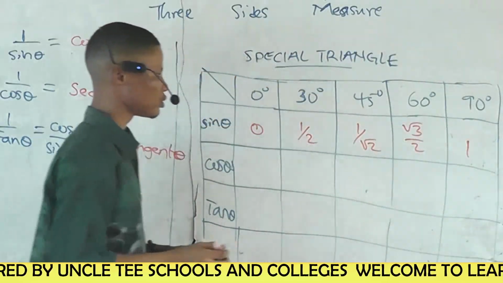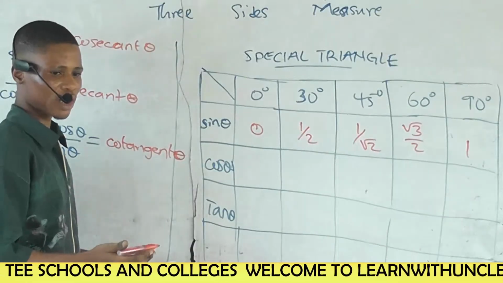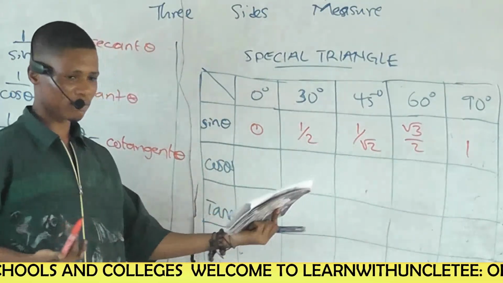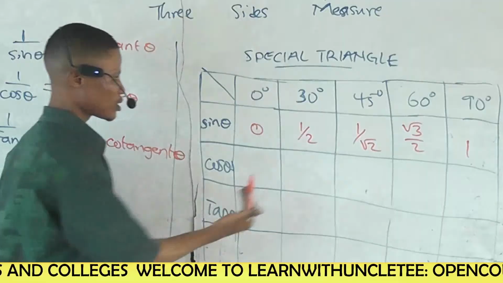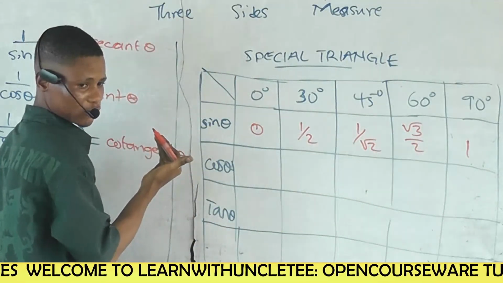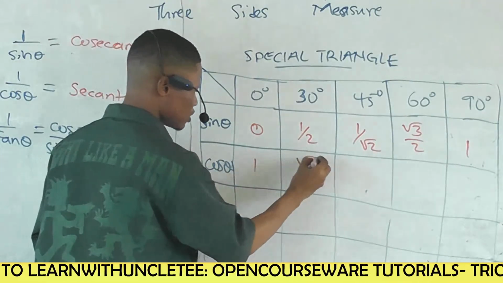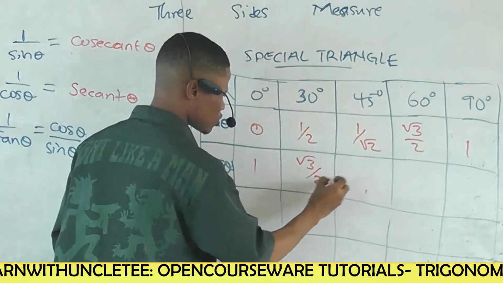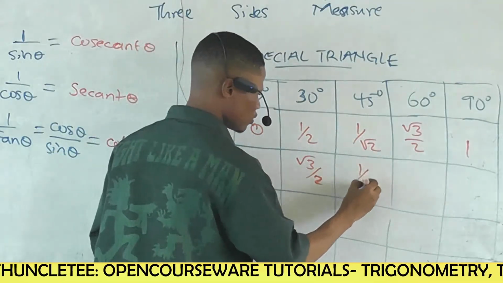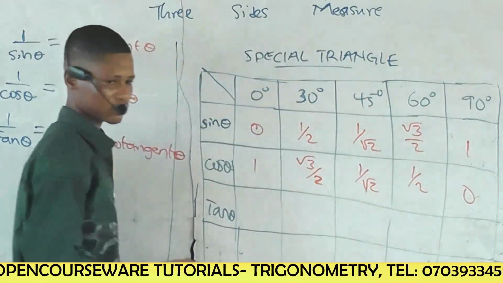Now, if you want to write for cos theta, you can flip it backward. That is, you write from here backward for cos theta. Look at how I'm going to write it. This will be 1. This will be root 3 over 2. Then this one will be 1 over root 2. This one will be 1 over 2, and this is 0.